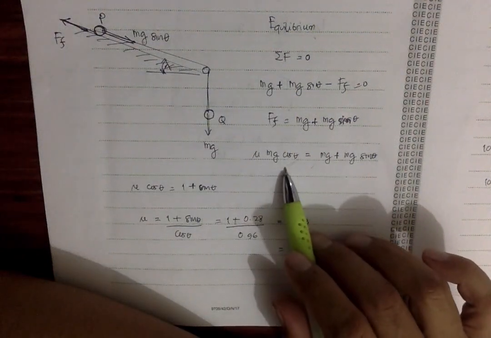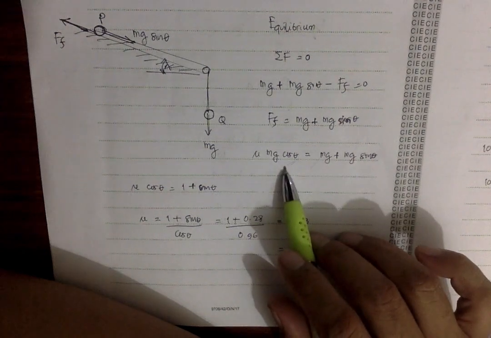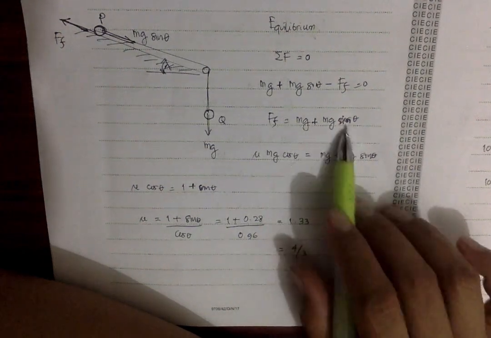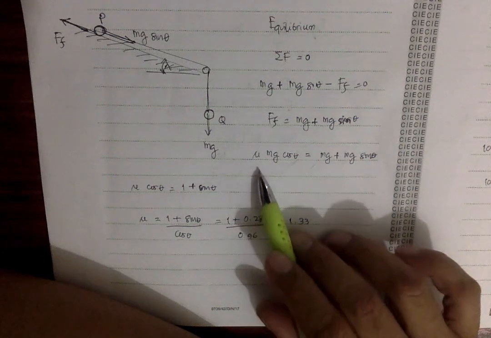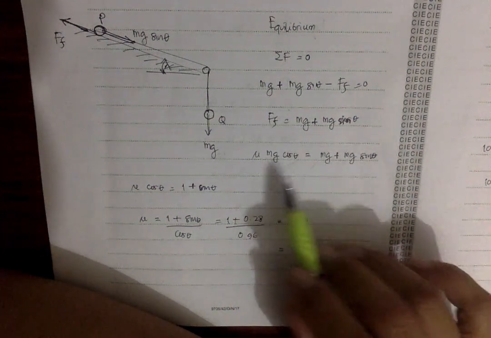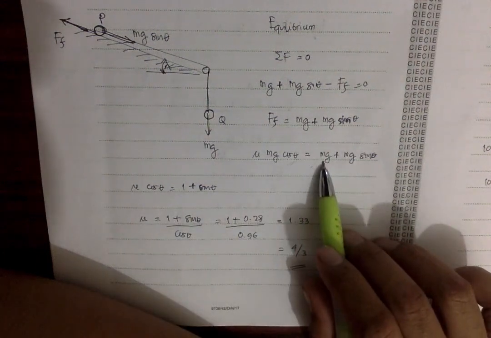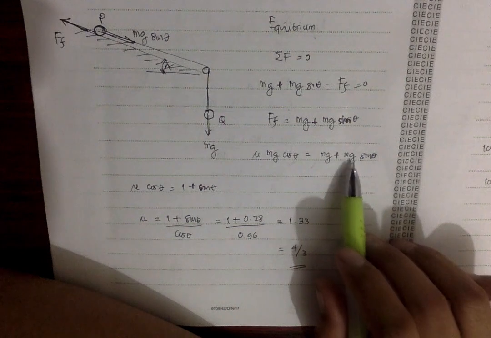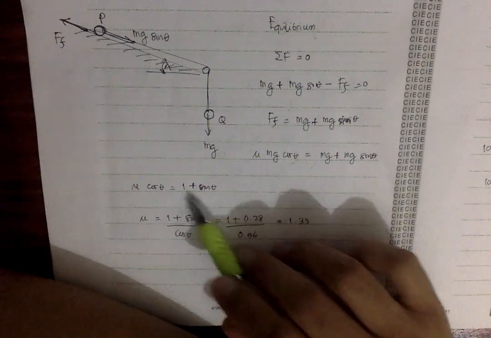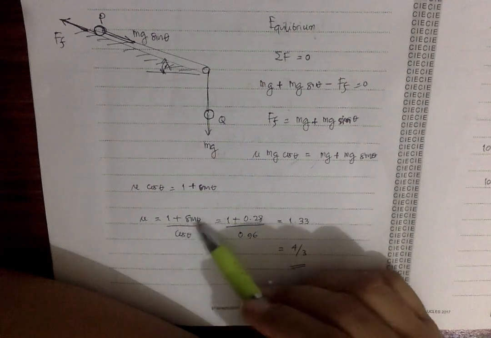So mu mg cos theta equals mg plus mg sin theta. We can cancel mg, so we get mu cos theta equals 1 plus sin theta, or mu equals 1 plus sin theta over cos theta.